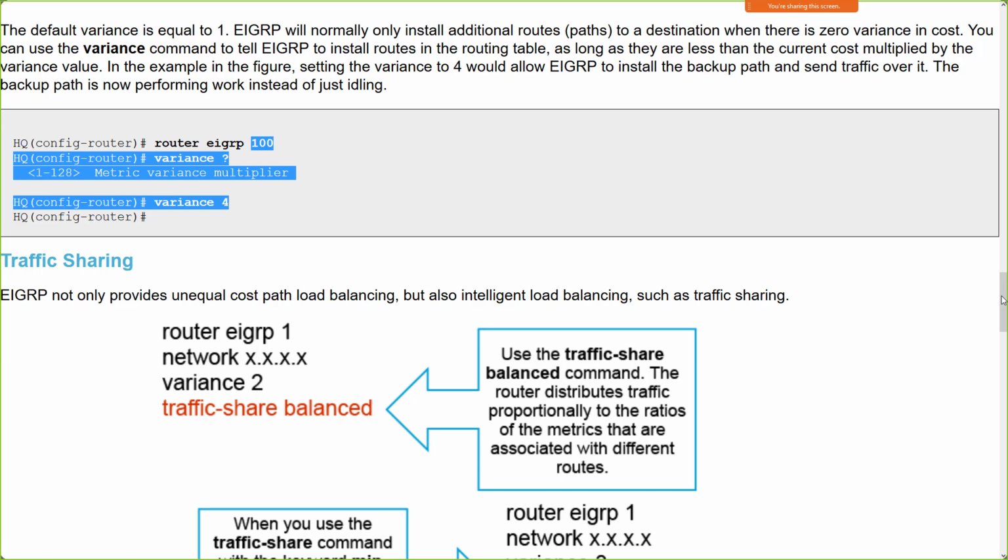Because 409.2586 times 2 is a much larger number than 25 times 2. Does that make sense? So when you're dealing with variance, it's kind of like there's no granularity to it. You're putting in a pretty low variance value to include a pretty large scope of interfaces as long as they meet the feasibility condition. Okay.